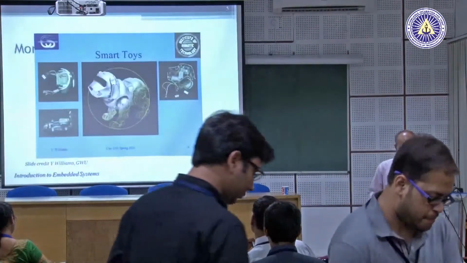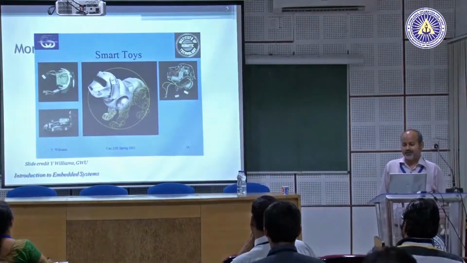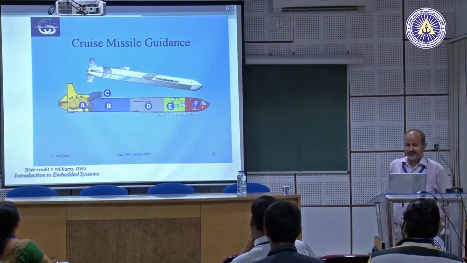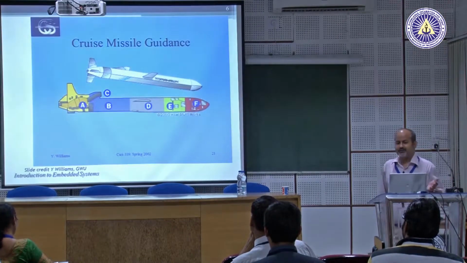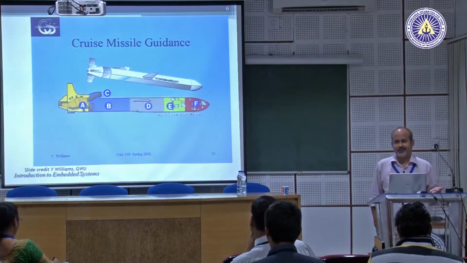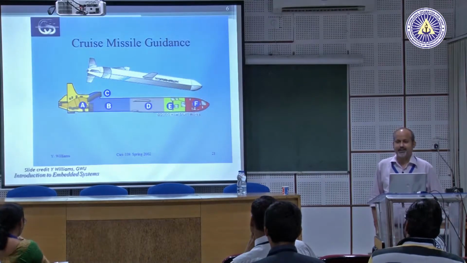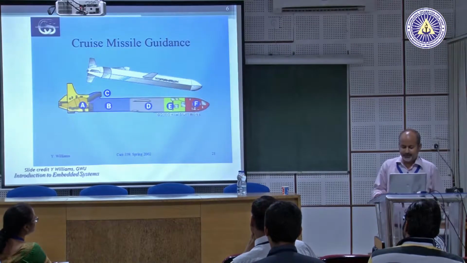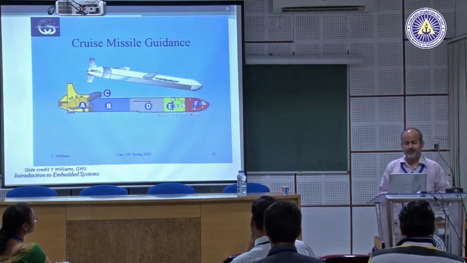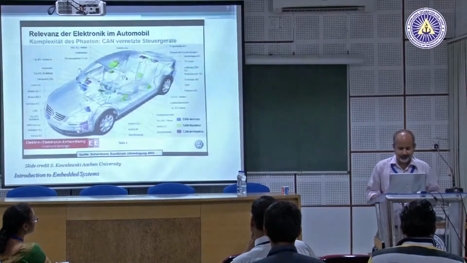Then you have all kinds of smart toys these days. Those are examples. On the other extreme, you have all the weapon systems of today, which are all embedded systems. This is an example of a cruise missile guidance system. It is an embedded system, but I will distinguish between some kinds of embedded systems and others shortly.